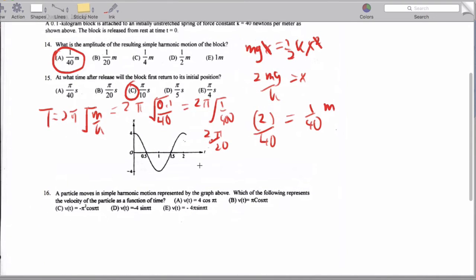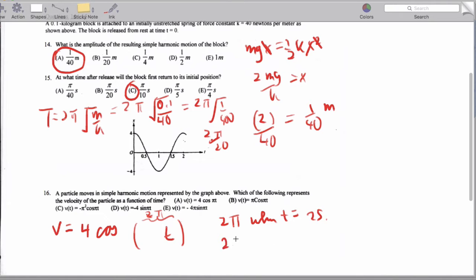Right. A particle moves. We want to know which might be the velocity of the particle. So this is clearly a cosine graph. So v is going to be 4 cosine of, and let's figure out what the argument is here. I need 2 pi to be my argument when t equals 2 seconds.